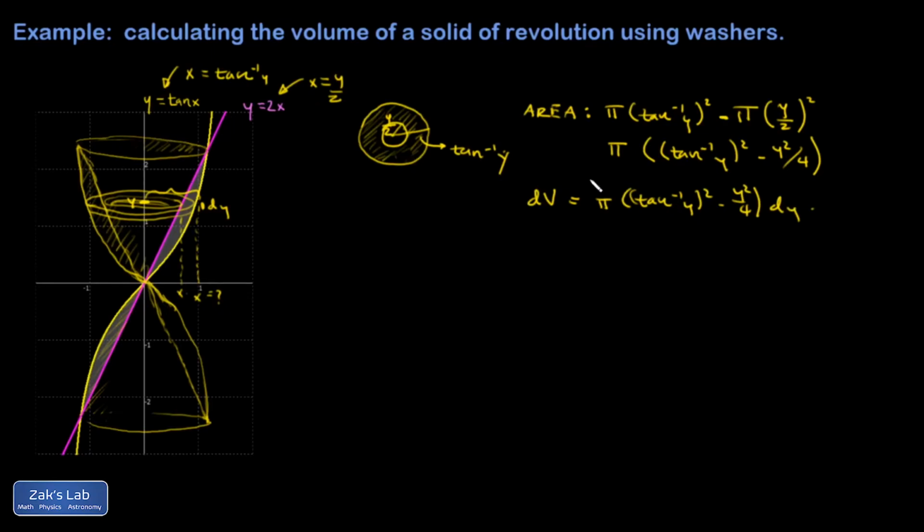There's one more challenge to the setup here. We're going to add up all these washers all the way from the tiny ones down here at y equals 0 all the way up to the final one at the top. But I have to find the intersection of these two curves in order to figure out what that y value is. To get this done, I'm going to have to use some kind of technology because there's no analytical solution to this equation.